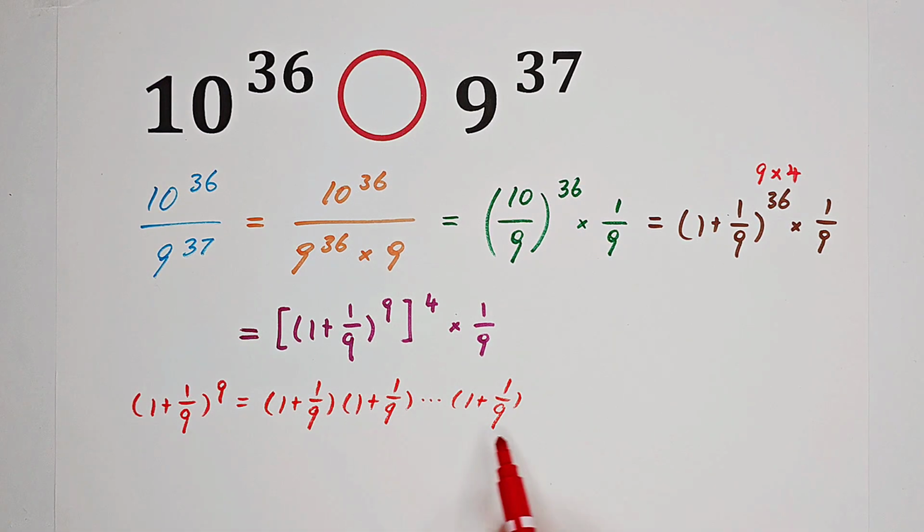This one is 1 plus 1 over 9 times 1 plus 1 over 9 times, until 1 plus 1 over 9. How many times? 9 times, since the exponent is 9.